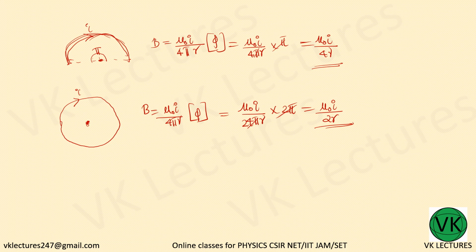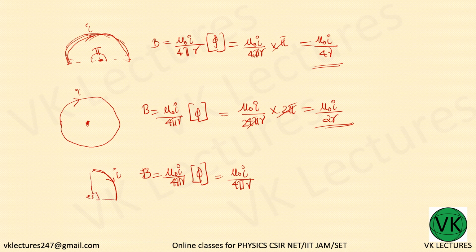If we are taking only a quarter of the ring and a current I is passing through it, how much will be the magnetic field here? B is equal to mu 0 I by 4 pi r into phi. Quarter means how much is the angle here?